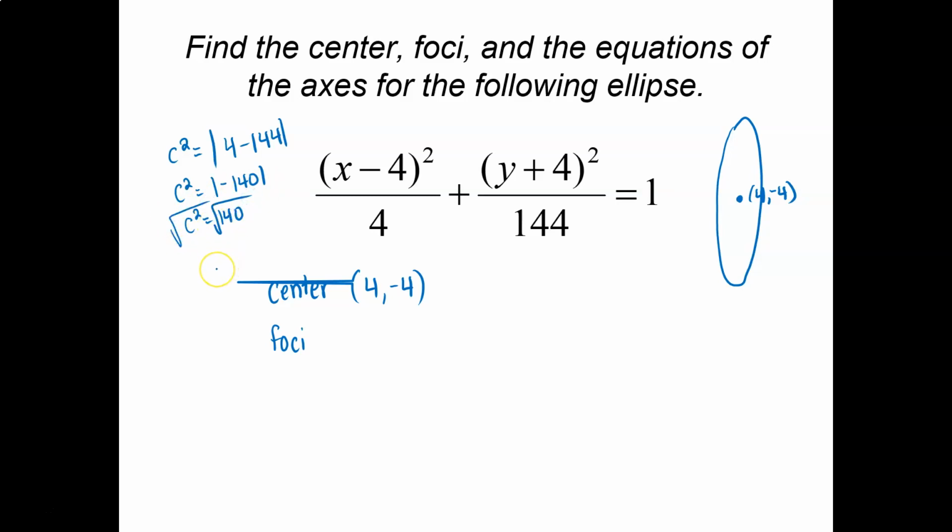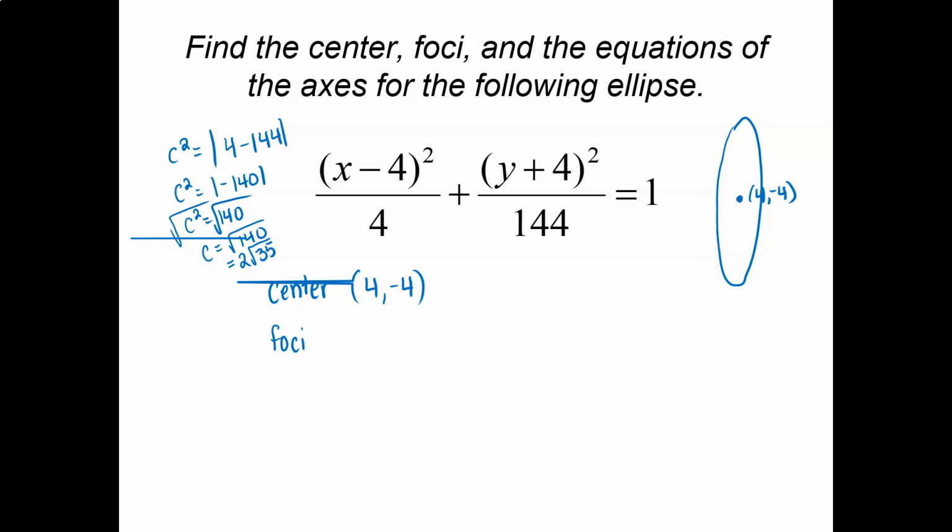Square root both sides. Those absolute value bars basically mean you can do either 4 minus 144 or 144 minus 4. So c is the square root of 140. That breaks down probably to 4 and 35, so that's going to be 2 root 35 there.